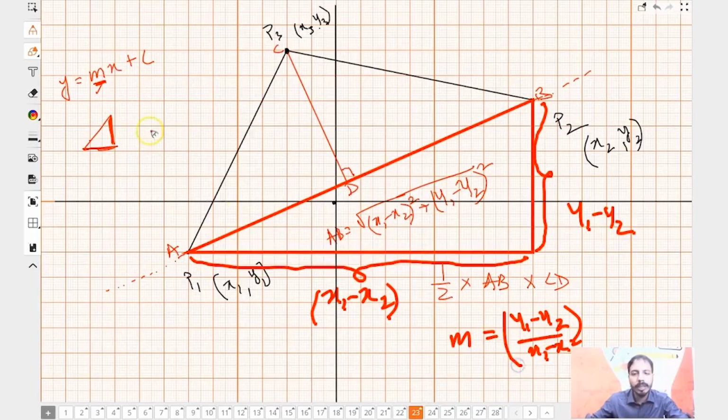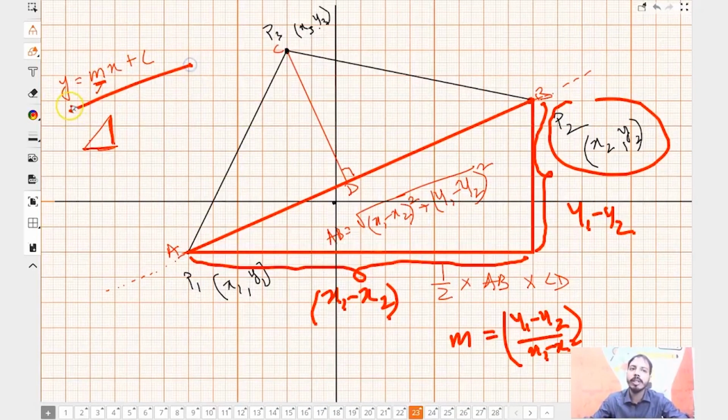So in this way you will get m, and just put this value here, you will get this equation. Now you might think how to find out c. So you know one of the points which lies in this line. So you know that this point P2 is a solution of this line. Put this value here in place of x and y, you will get the value of c. So in this way you can find out this equation, right?